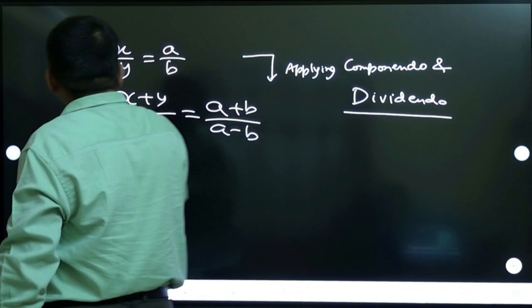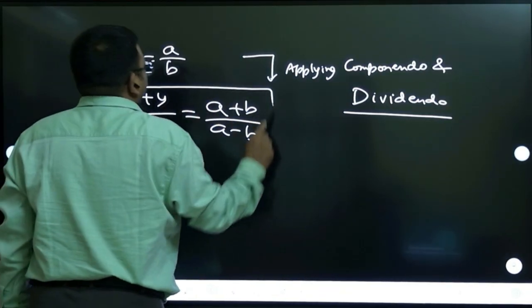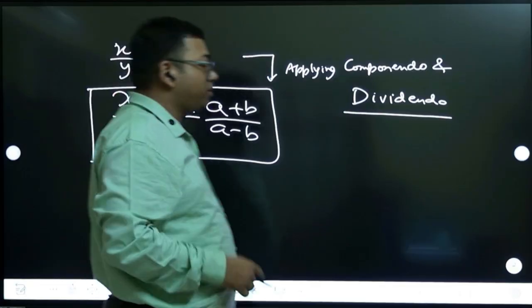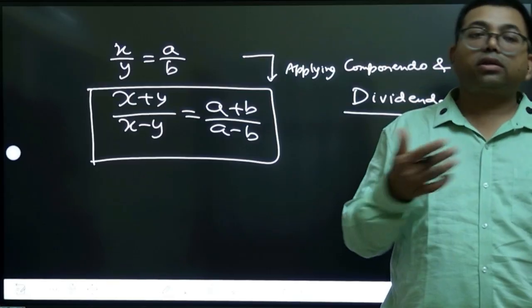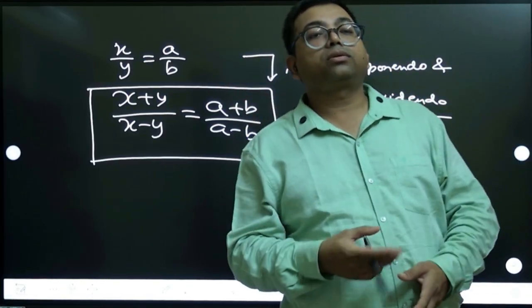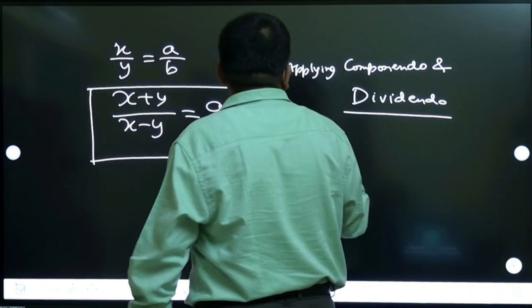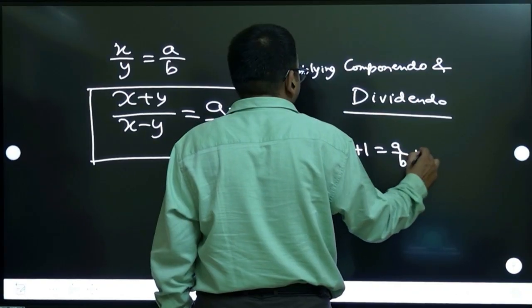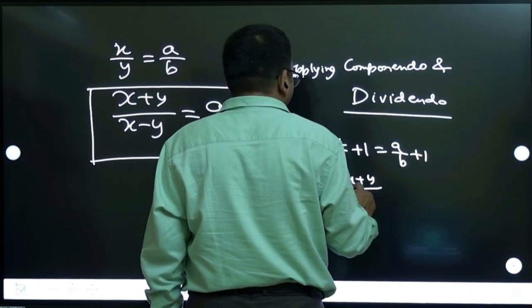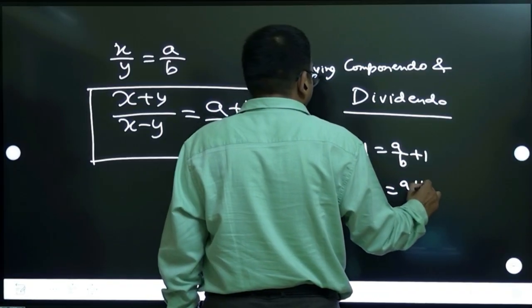By applying componendo dividendo, we can prove it, but I'm not going into detail of this. This is very easy. You do plus 1, then minus 1, then take the ratio. If I add 1 to both sides, you'll get x plus y by y and a plus b by b.